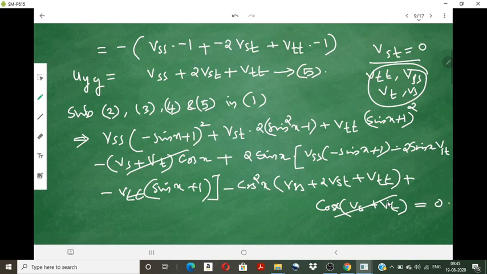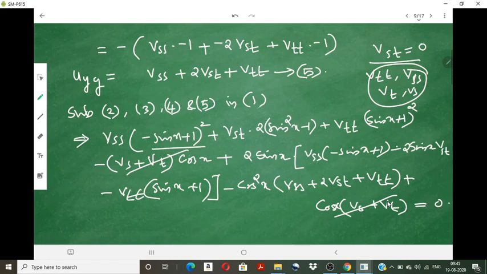Now first of all, we have to concentrate on the Vss term. If we take the Vss term, here the Vss coefficient is minus sin x plus 1 whole square.